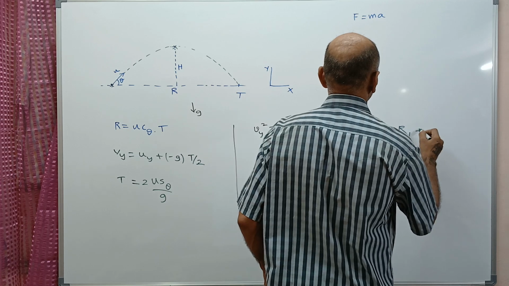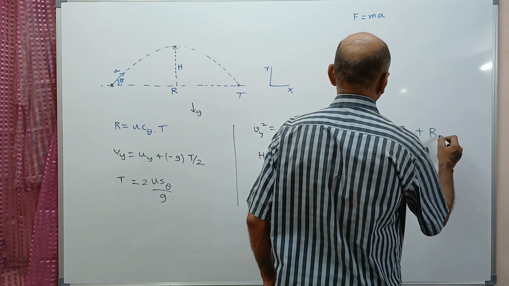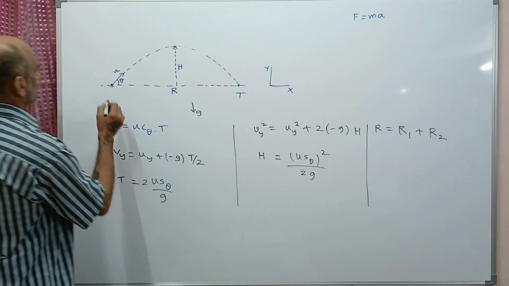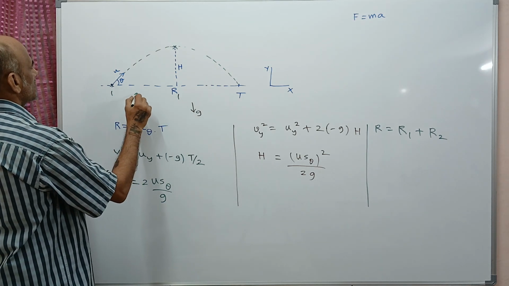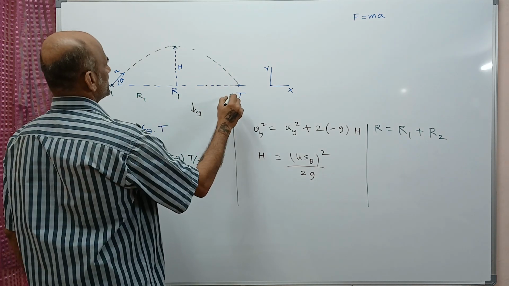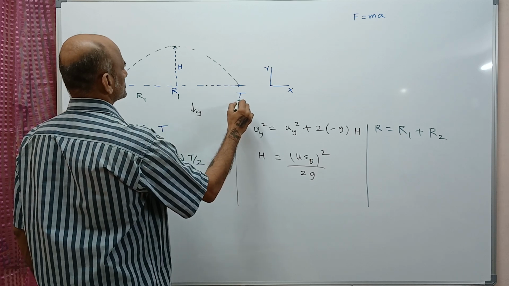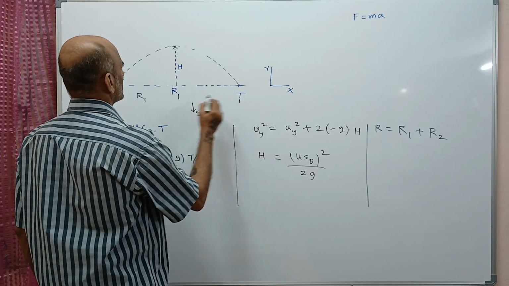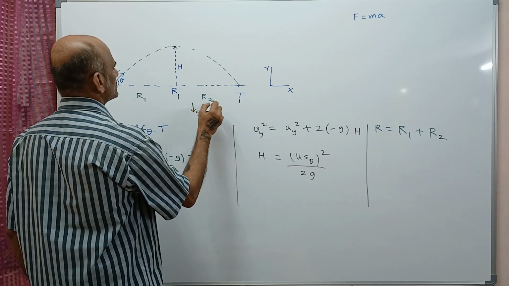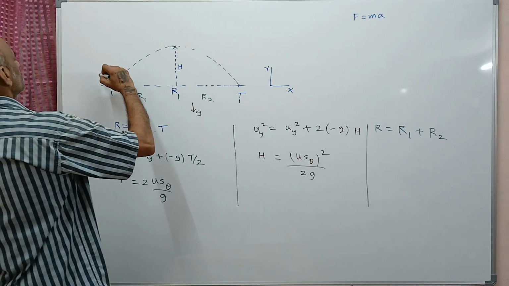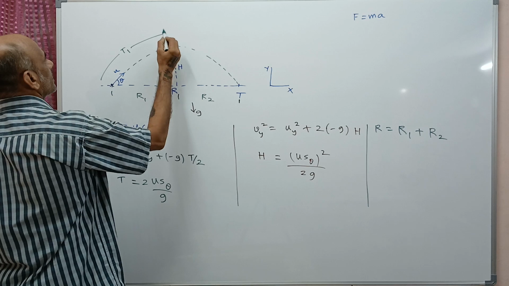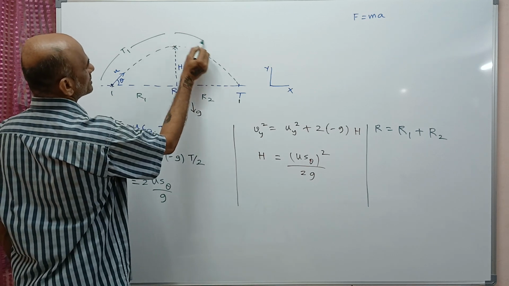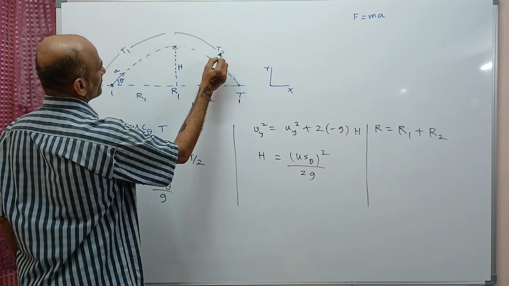In the first half, the distance traveled is R1, and in the second half, it's R2. And let the time taken to go from here to here be T1, and the time it takes in the second half be T2.